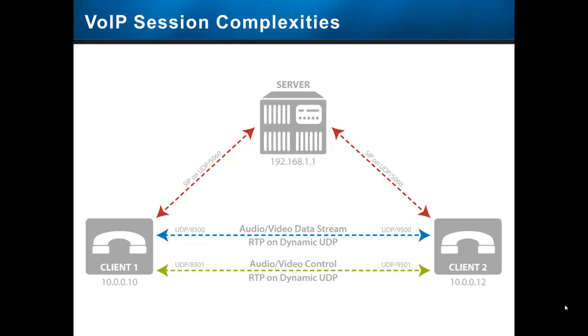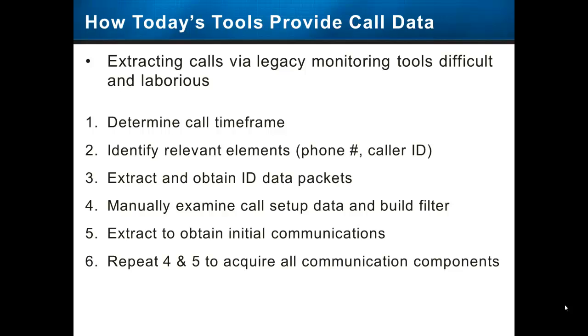Now, when we try and apply retrospective network analysis to this type of an environment, it becomes very challenging for many organizations. First, an organization has to identify the time frame that's of interest inside of their retrospective network analysis platform. Typically, this time period is going to represent a period of time in which users were complaining of poor call quality. The next step is to identify the relevant elements of interest.